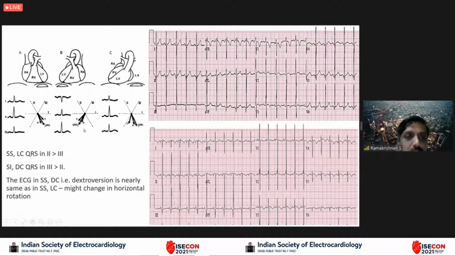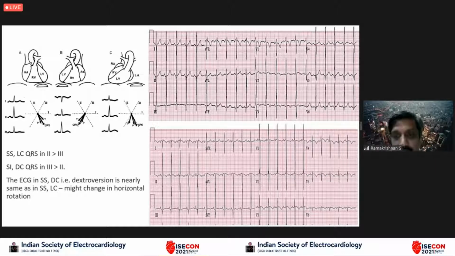Basically, in situs solitus with levocardia, the QRS in lead 2 will be greater than 3, whereas the reverse will happen in situs inversus with dextrocardia, even though the chest leads will be totally different, as I told you. And the ECG in situs solitus with dextrocardia, that is dextroversion, is nearly the same as situs solitus with levocardia, but there will be a change in the horizontal rotation.